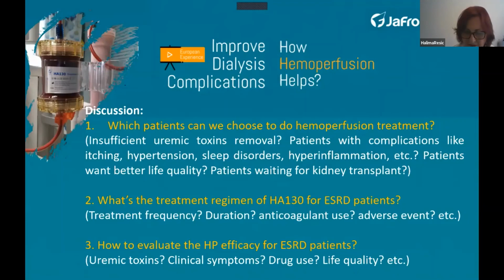Also the clinical symptoms. All uremic toxins we could not measure, but I think what is important is the quality of life, clinical symptoms and subjective feeling of the patients, what happened in Sarajevo.